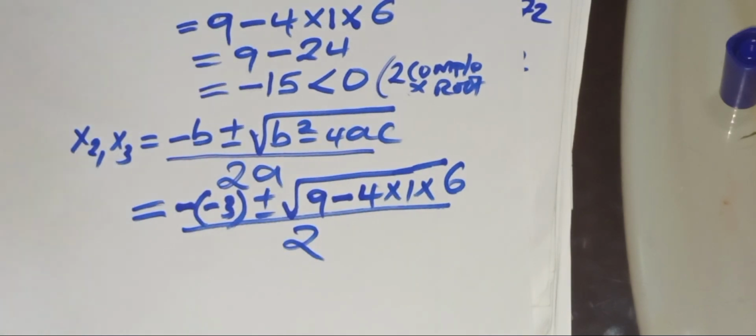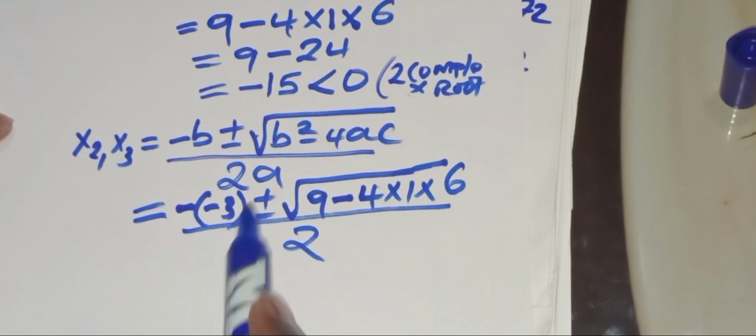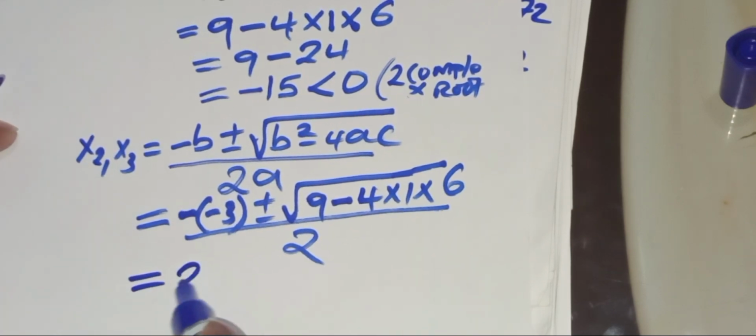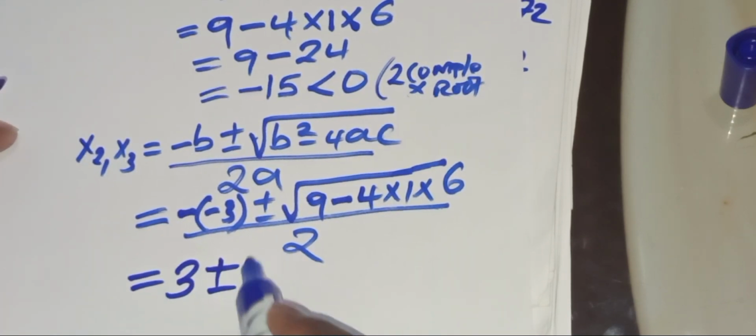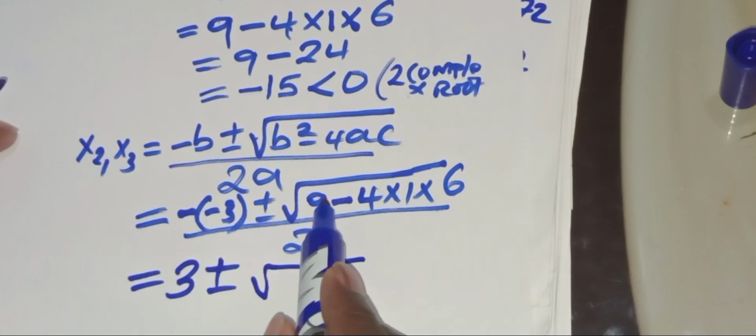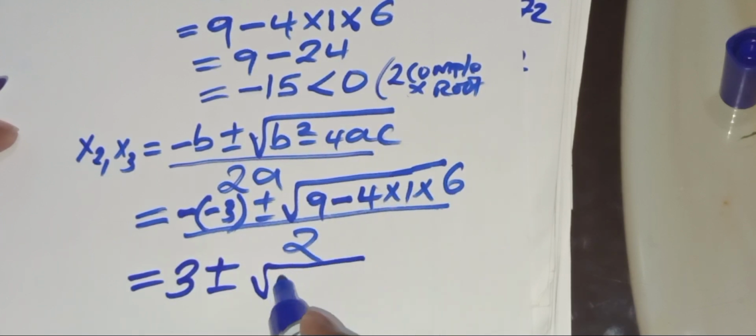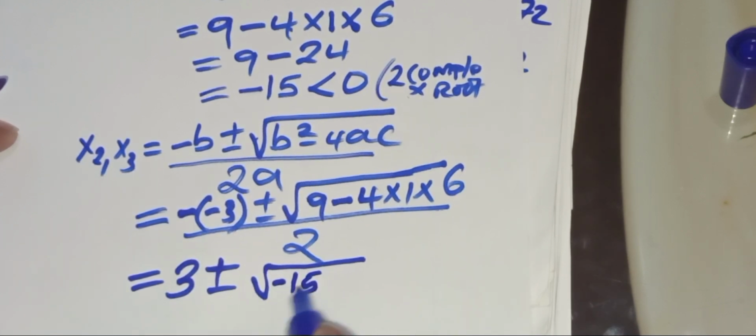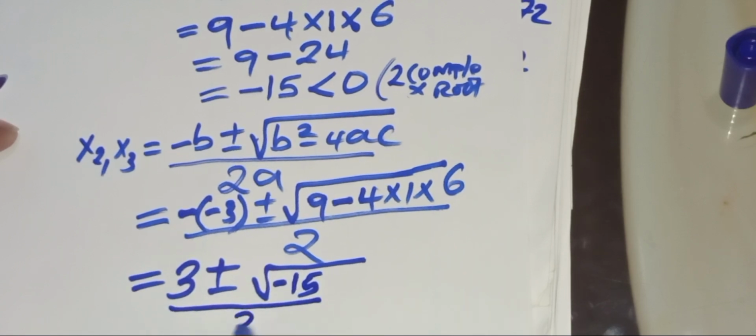Now negative times negative 3 is equal to 3, plus or minus the square root of 9 subtract 24, which is negative 15, divide this by 2.